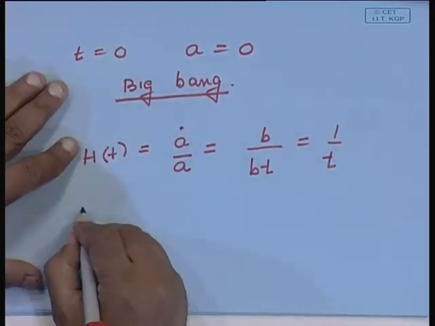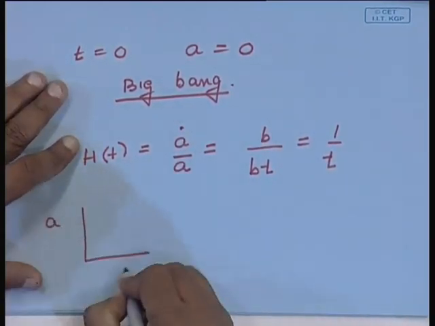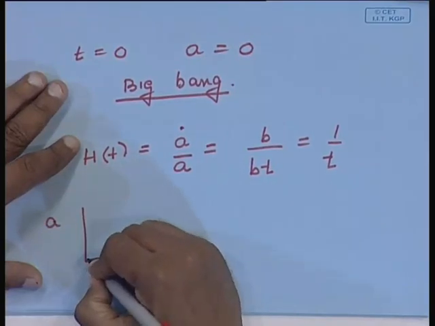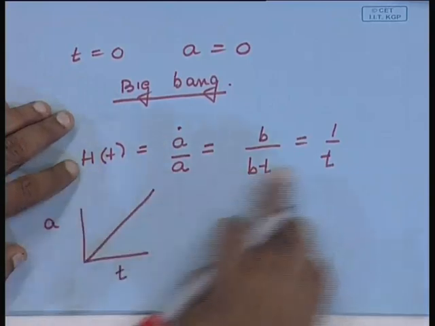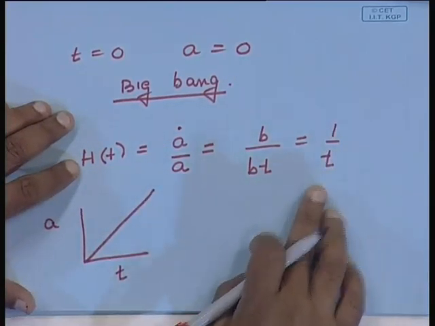So, in this model the expansion law is very simple. A as a function of time is a straight line, and the Hubble parameter is the inverse of the age of the universe.